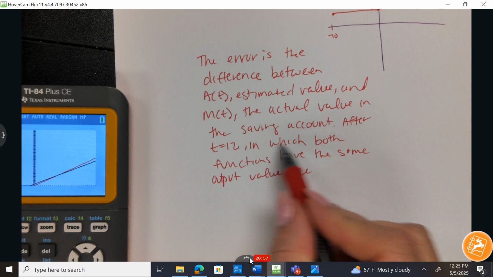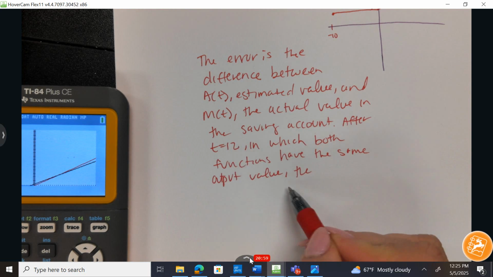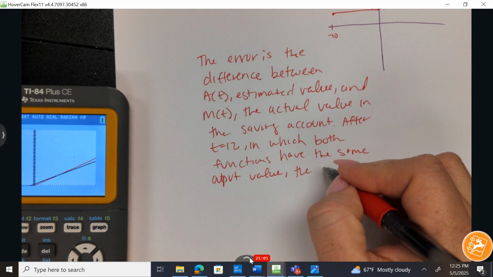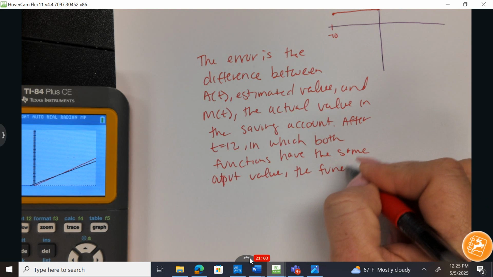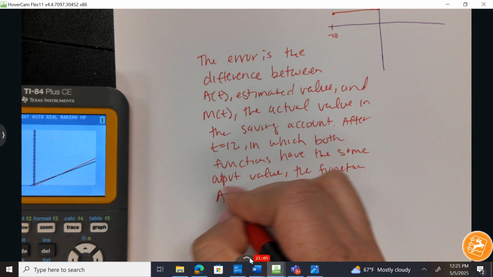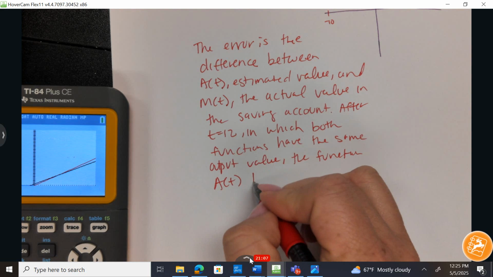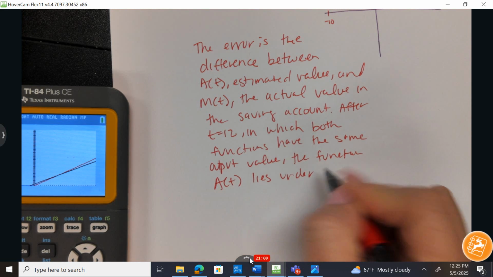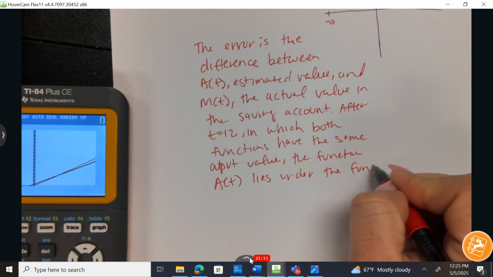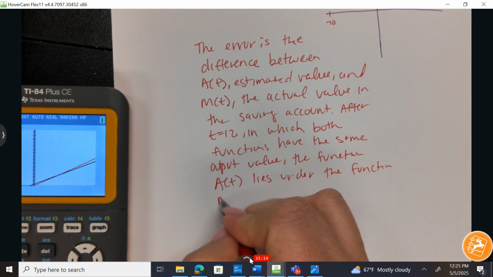So after t equals 12, in which both functions have that same output value, the function A of t lies under the function M of t.